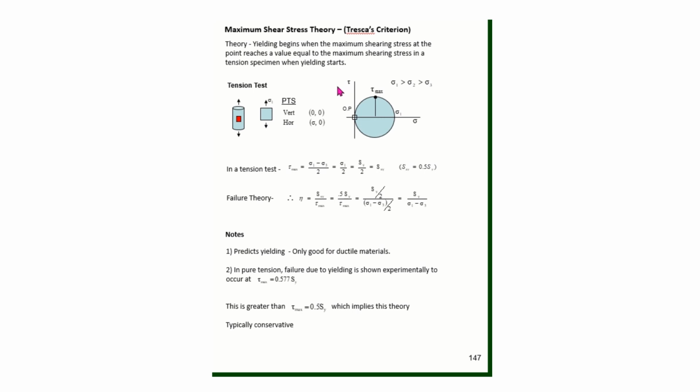We then talked about the maximum shear stress theory, and we decided that this failure theory was based on computing the maximum shear in the stress element. And so what we do is we take a tensile stress member and we compute the stress when the principal stress in this tensile member is equal to the yield strength.